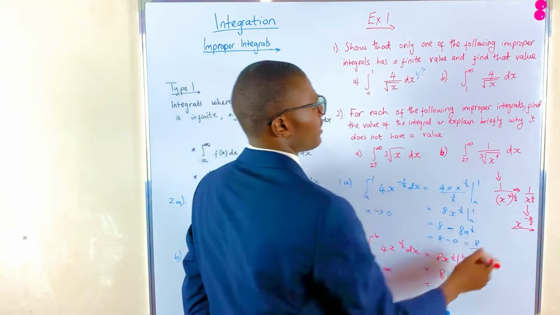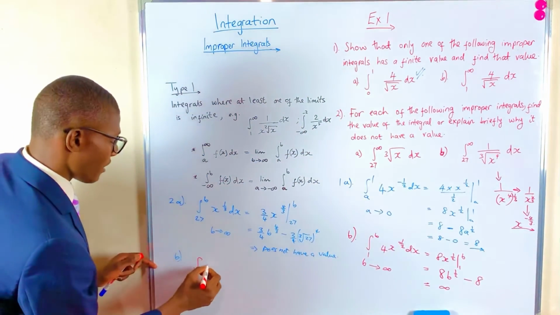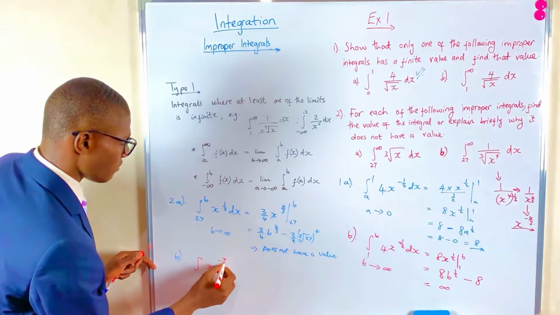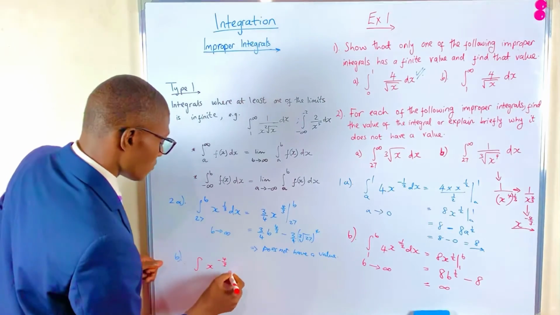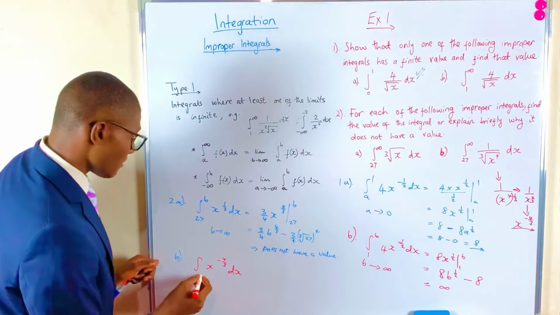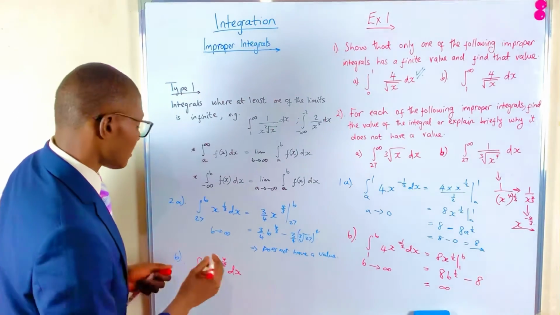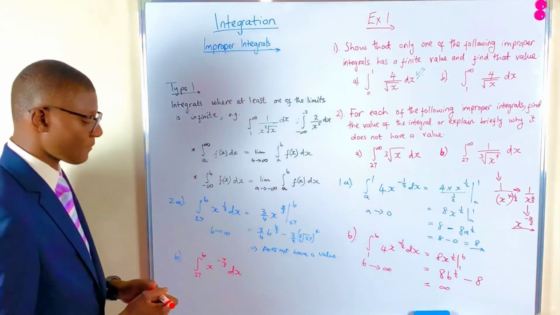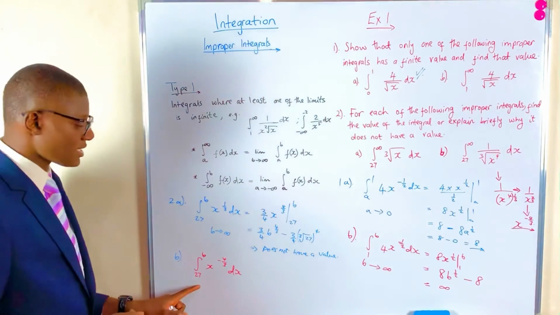So we're saying the integral of x to the power of minus 4 over 3 with respect to x, with the limits from 27 to infinity, which we represent by the letter b.